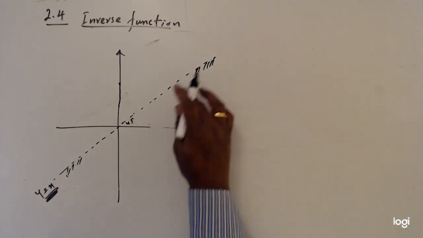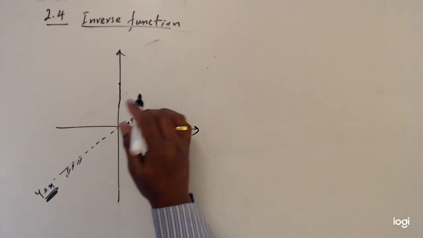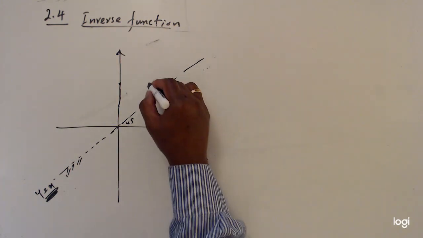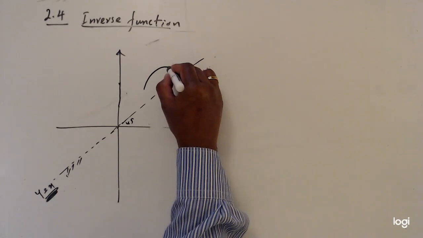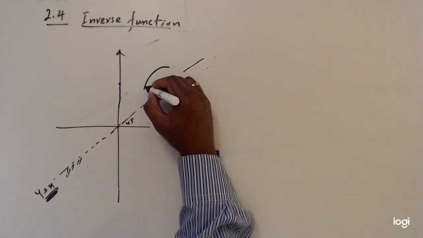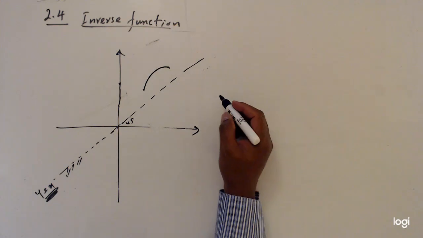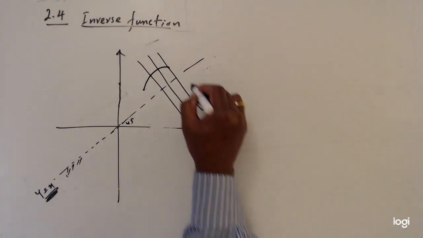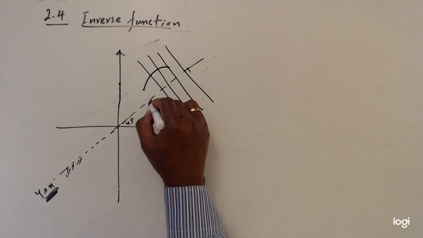Assume I want to draw the mirror inverse function of this part. Then you draw perpendiculars, 90 degrees to this line.